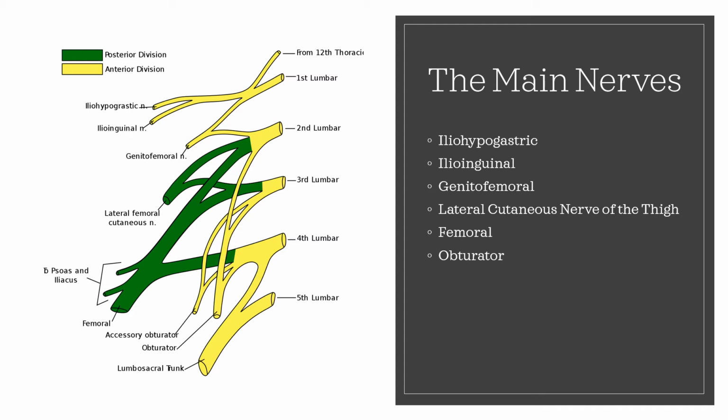Their goals are to innervate the lower extremities, providing efferent, which is motor, and afferent, which is sensory information back to the nervous system. All of the nerves generally produce motor and sensory information except the lateral cutaneous nerve of the thigh, letting you know that it's cutaneous, which is sensory information from the skin.